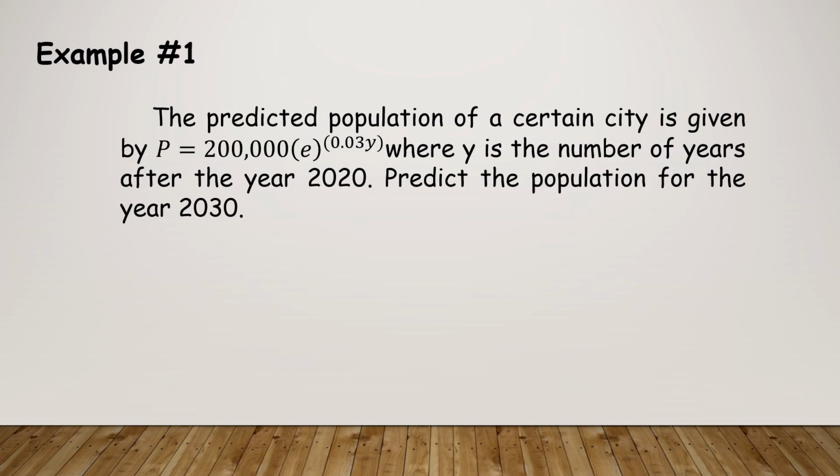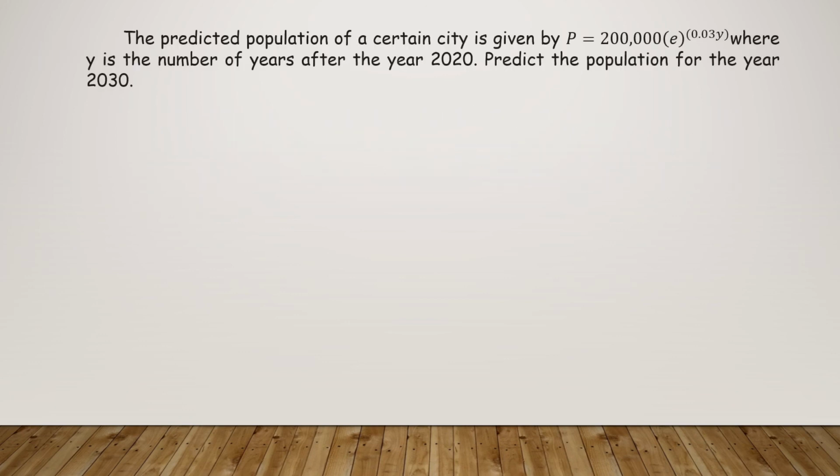Another example: the predicted population of a certain city is given by P is equal to 200,000 times e raised to 0.03y, where y is the number of years after the year 2020. Predict the population for the year 2030. So, sabi, ang y natin is the number of years after the year 2020.